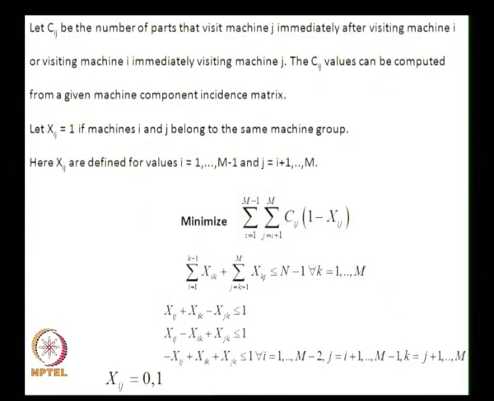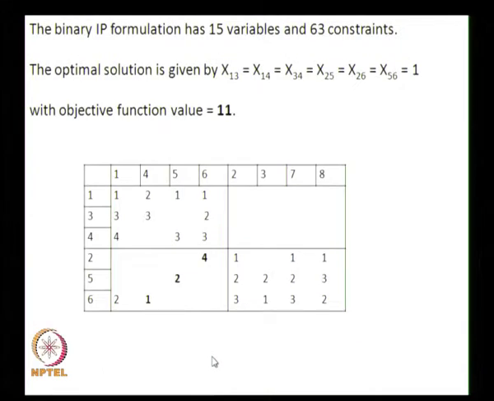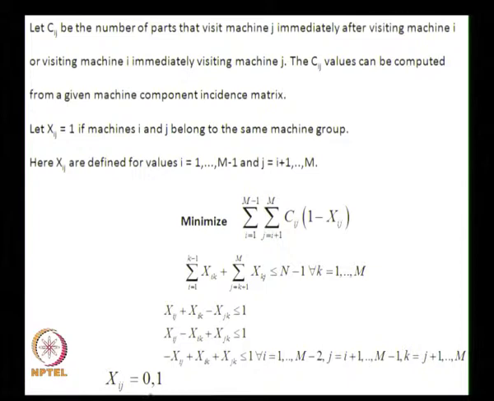63 constraints come from these sets of constraints that we have here. Now, there are 5 constraints that come from this and the rest of them come from here. So, it is a slightly large formulation in terms of number of constraints, particularly because of these 3 sets of constraints that come.